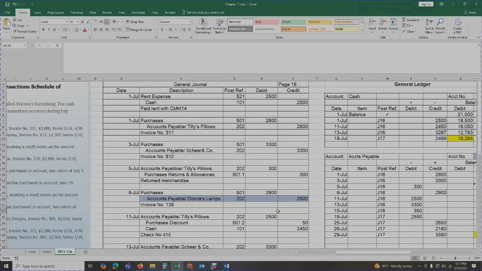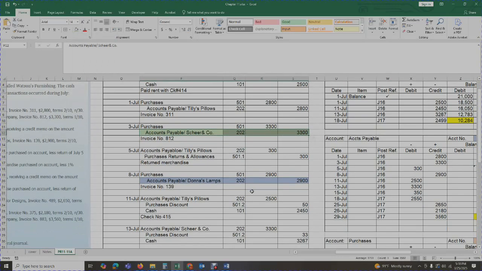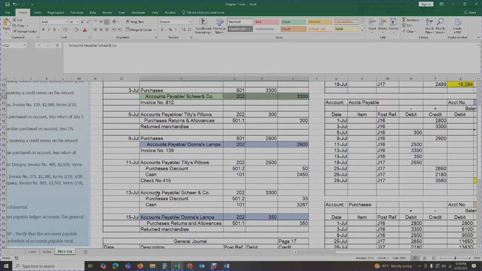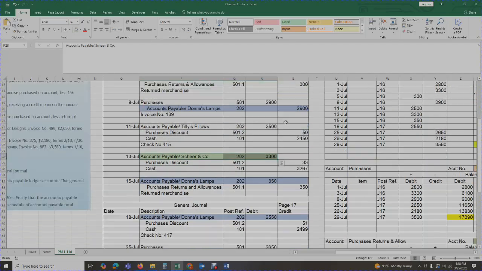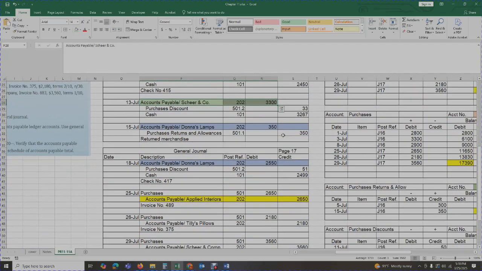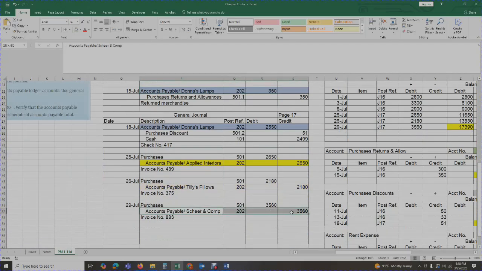Okay, now we go back and look at another one. What's next? S is before T, so we're going to go with Shear and Company. So we're going to locate Shear and Company, and find anything that's for Shear. What else do we have down here? We have 3 entries for Shear and Company.